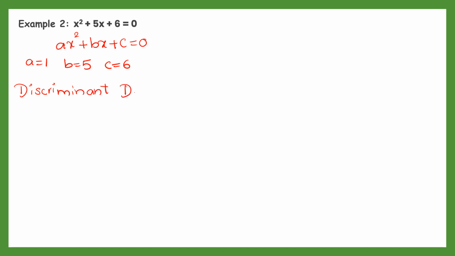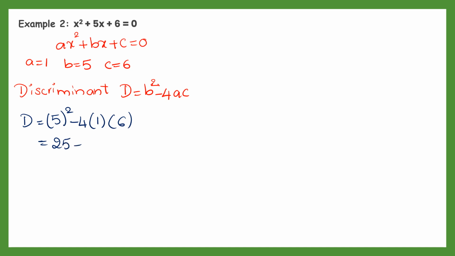Discriminant D is given by b² - 4ac. So D = 5² - 4 × 1 × 6. 5² is 25, 4 times 6 is 24. So the discriminant value you got is 1.